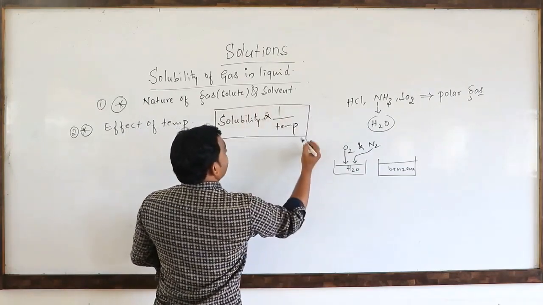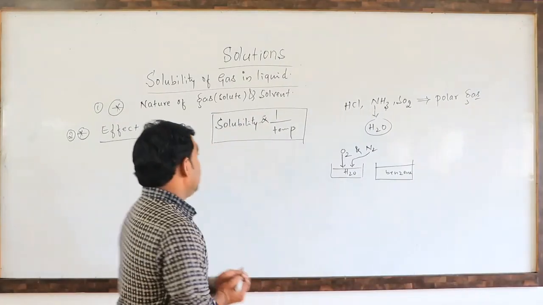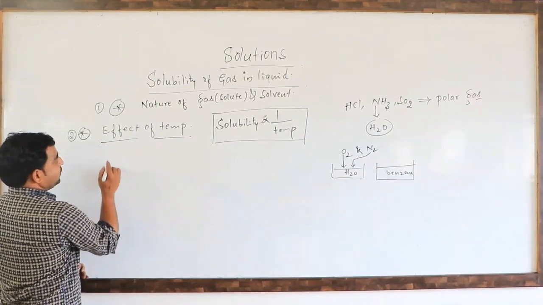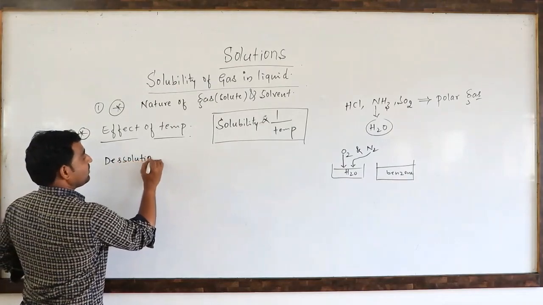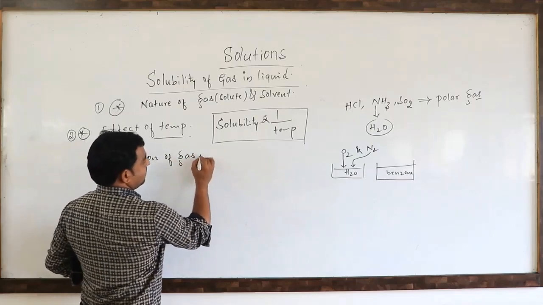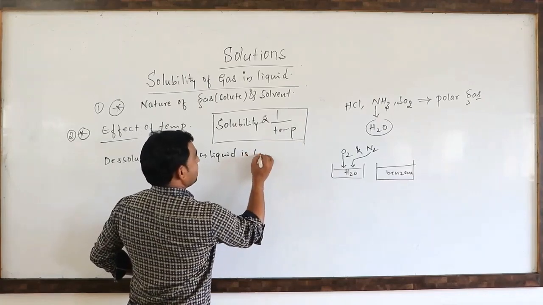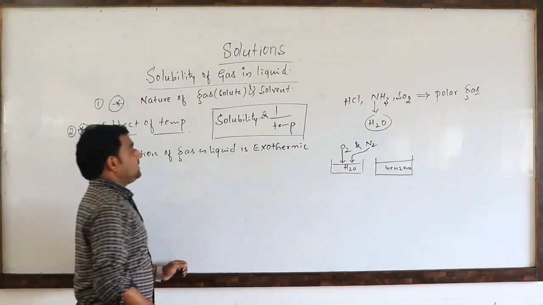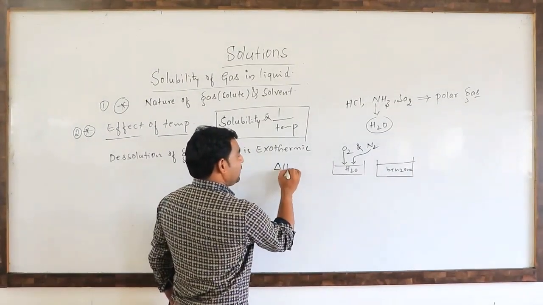Now how can we explain this on the basis of Le Chatelier's principle? If the dissolution of a gas in a liquid is exothermic, it means delta H should be what?